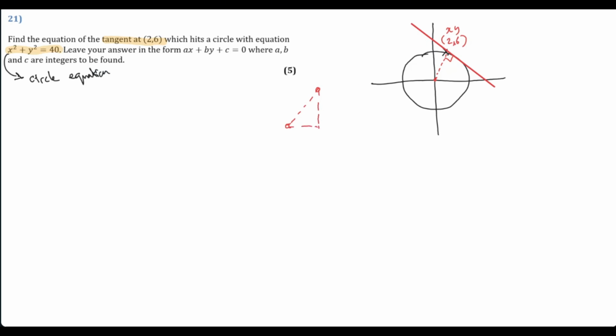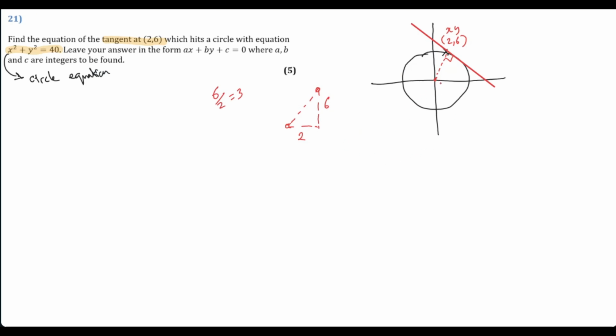The height, because it's coming from the origin, must be 6. So change in y is 6, and the change in x is 2. So that's going to be 6 over 2, which is 3. So the gradient of this dashed line is 3.